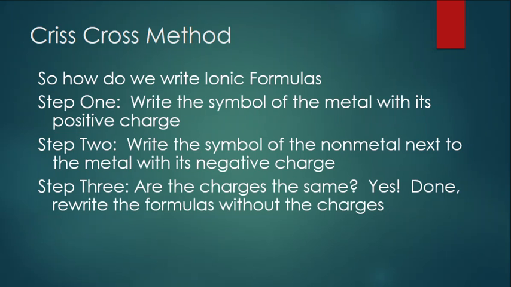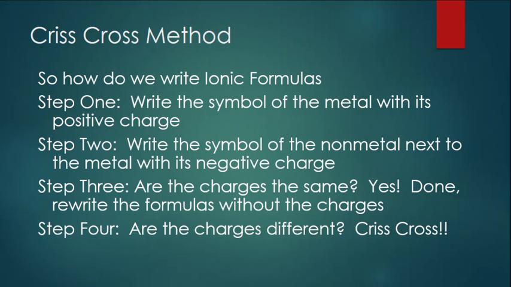Rewrite the formula without any of the charges. There should not be any uppy numbers. I hate superscripts. Make sure you get rid of all the charges and write down the answer. If the answer is no, the charges are not the same, you will crisscross.